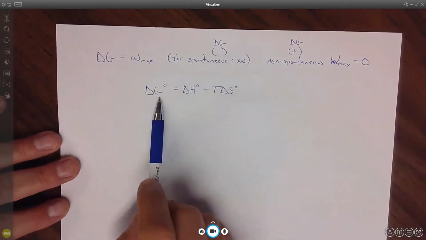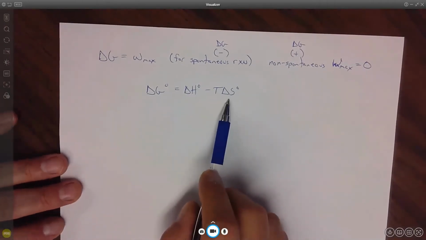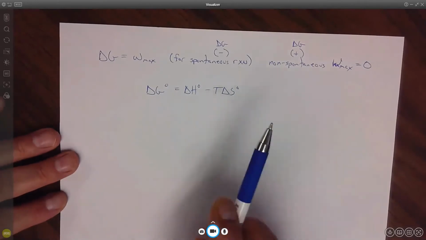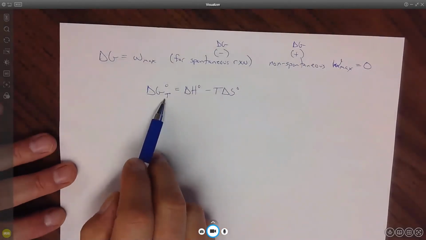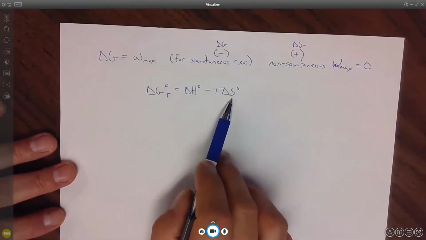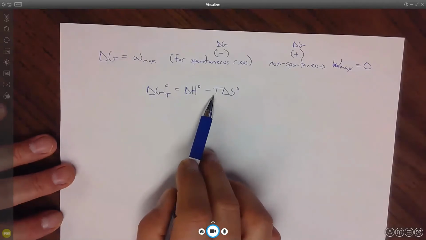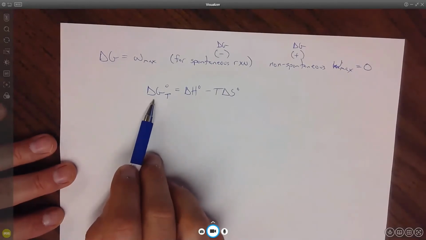Well, we can still use this equation, but because the enthalpy and entropy are slightly temperature dependent, there's going to be some error to it. To indicate that error, we're going to add the subscript T, which means we calculated the free energy from the standard enthalpies and entropy changes, but not at the standard temperature. The further away you are from 25 degrees Celsius, the more error is going to be in this number.